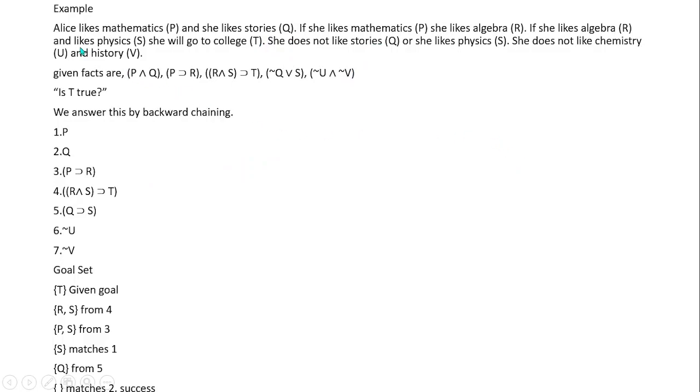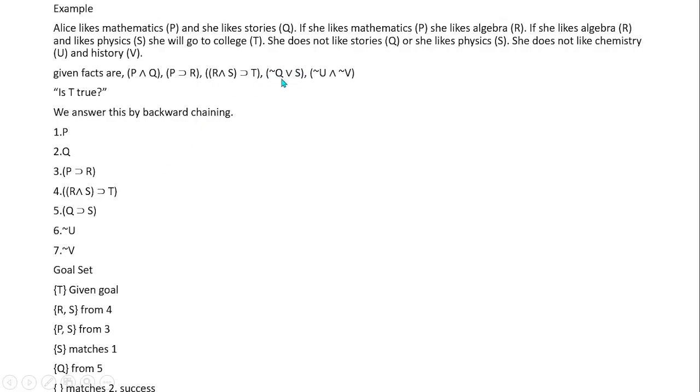The same example we will take. These are the given facts. First, P and Q, so we wrote P, Q separately. P implies R and S implies T. I told you that we can have this one, Q implies S, and P implies Q, not P or R, so we wrote this one by using that.